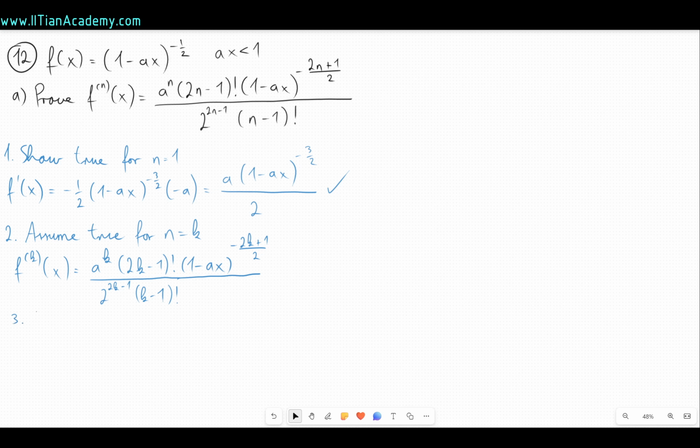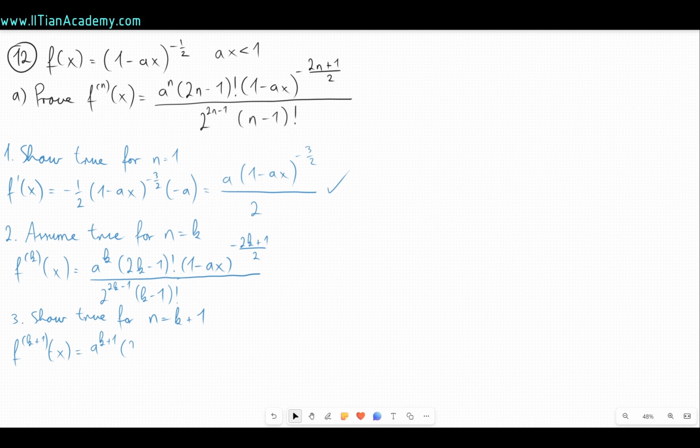So in the third step we need to show true for n equal to k plus 1. What this will look like is we have to plug in k plus 1. So the k plus 1th derivative at x is equal to, well, we just rewrite the same thing but with k plus 1.